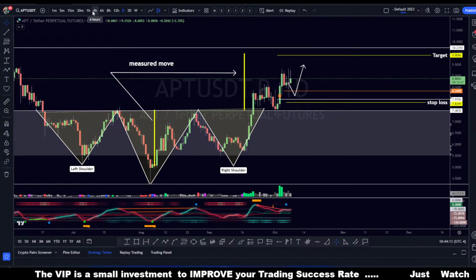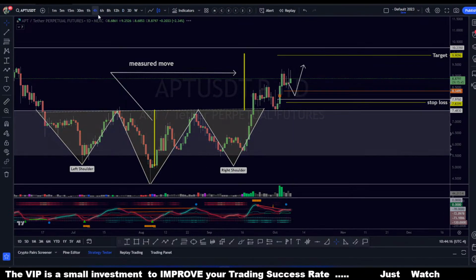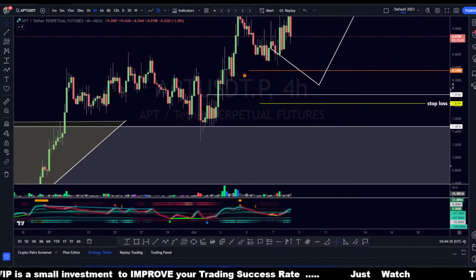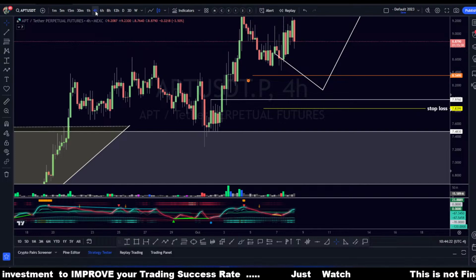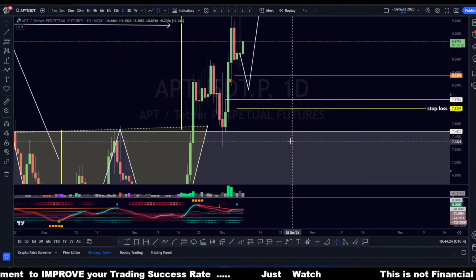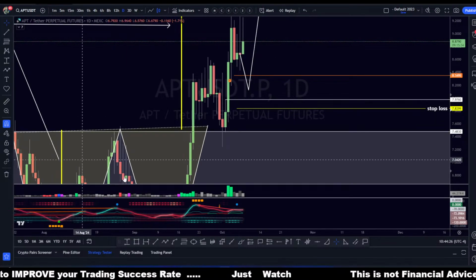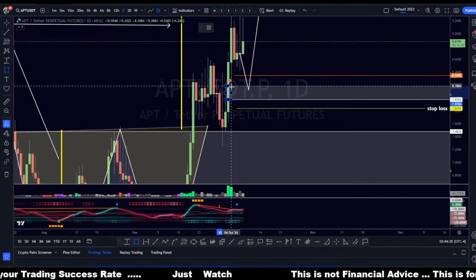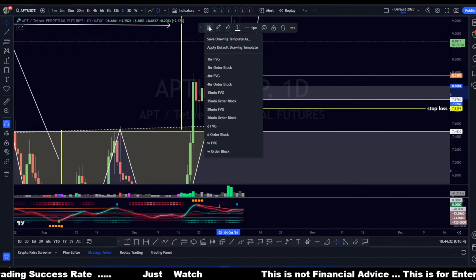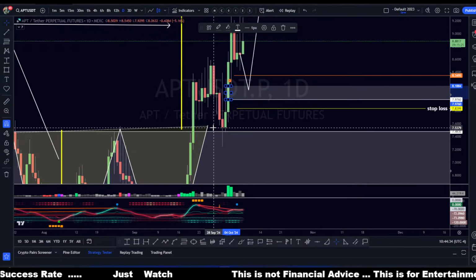Inside of this, let's go to a 4-hour time frame. You can see it on the daily, but do we see it on the 4-hour? No, sure don't. Let's go back to the daily. Make sure our magnet 2 is on. Come over here, and we have candle 1, candle 2, candle 3. This is our daily fair value gap.